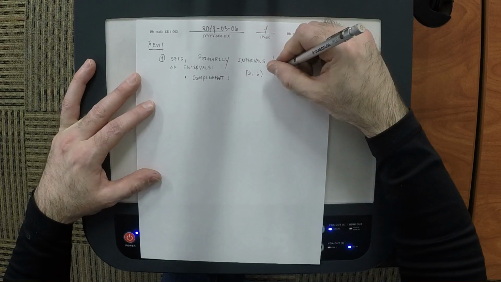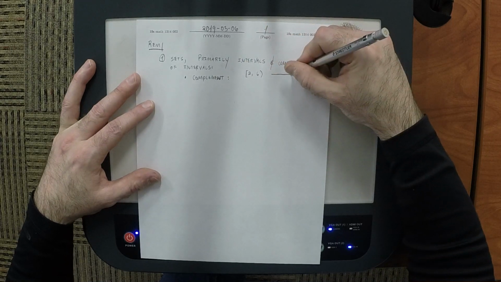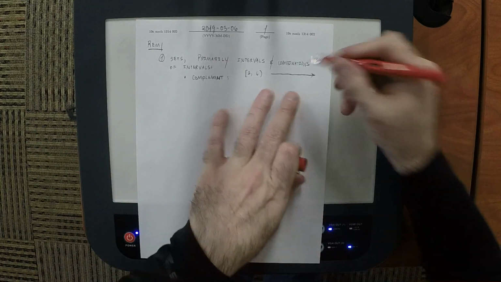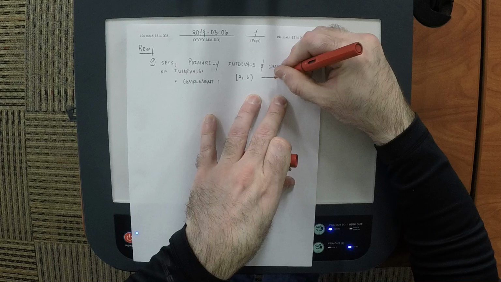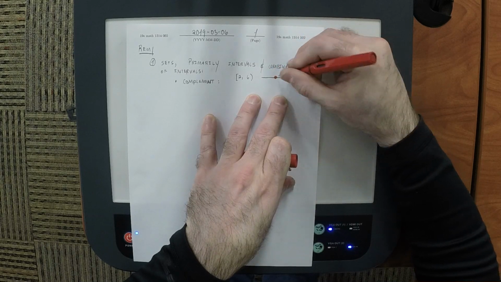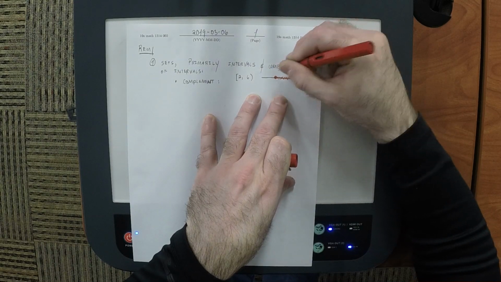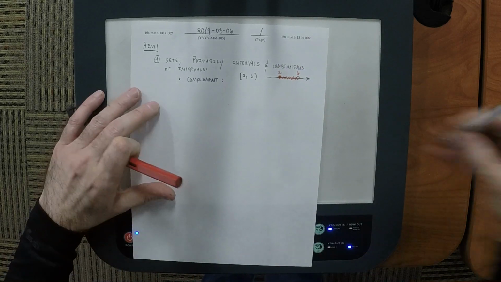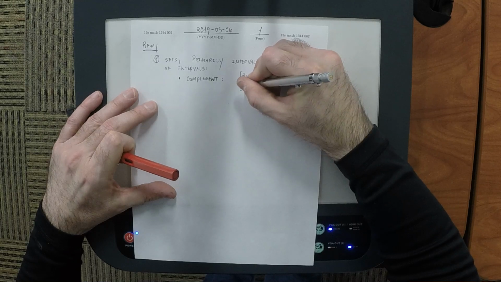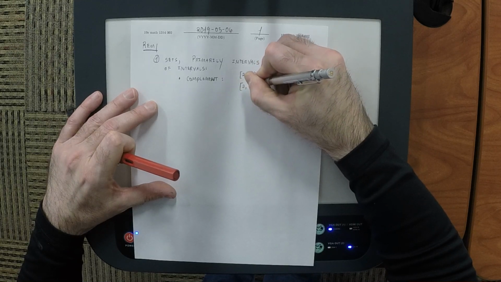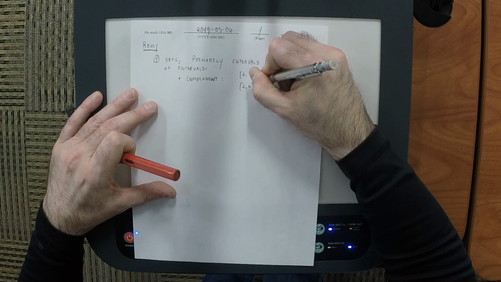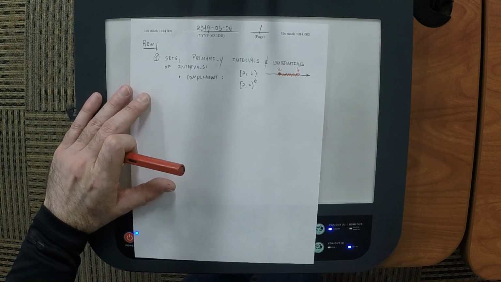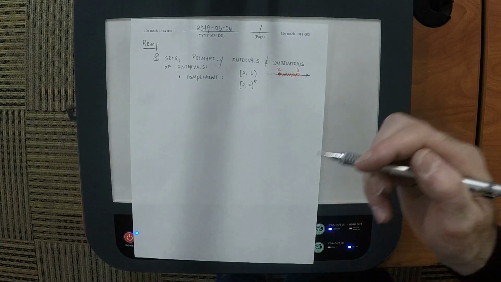We could draw it. 2 to 6 would look like this. And then we could write 2 to 6 complement. The notation for complement is superscript C, and that means everything that's not in the set.